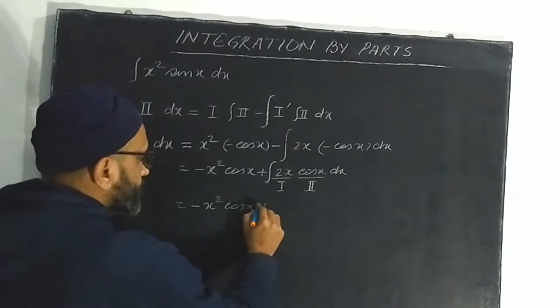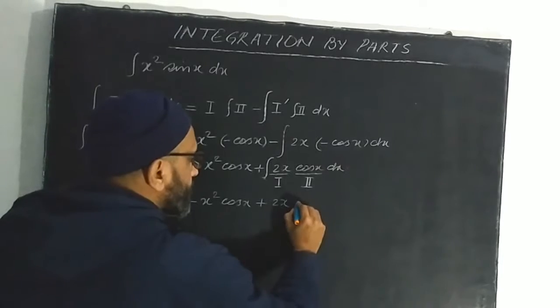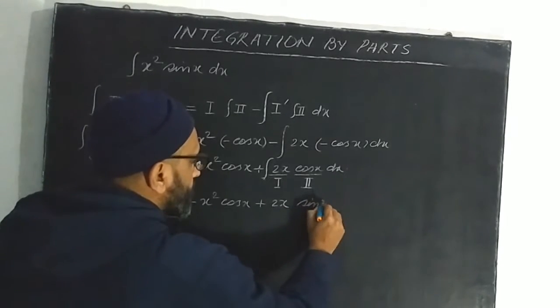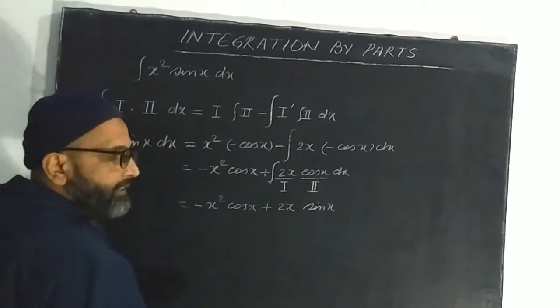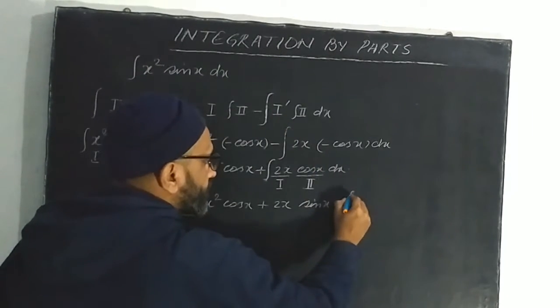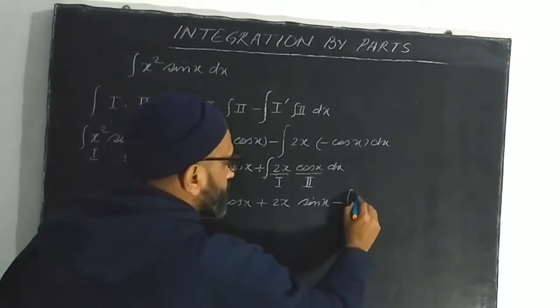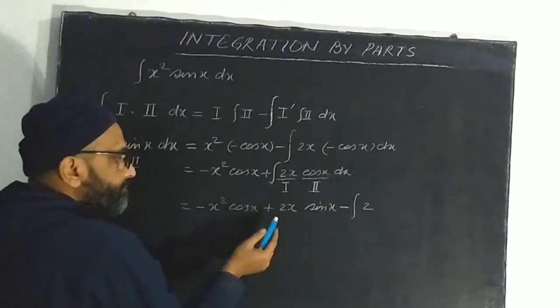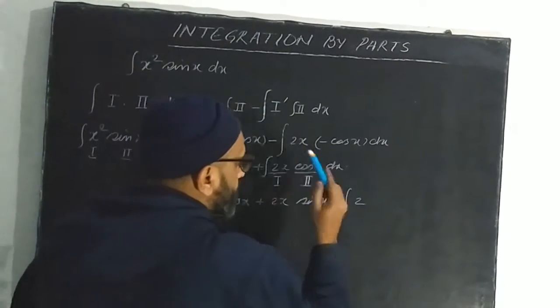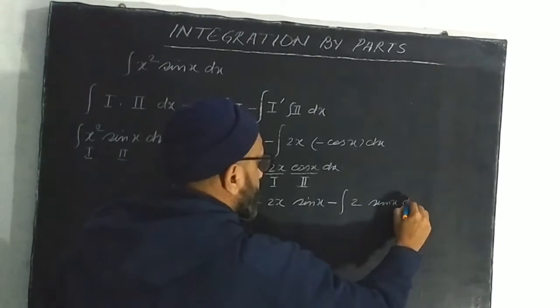So the first function as it is, integral of the second, that is integral of cos x, which is sin x, minus integral as a whole, differential of first, so the differential of 2x is 2, and the integral of the second, which is sin x dx.